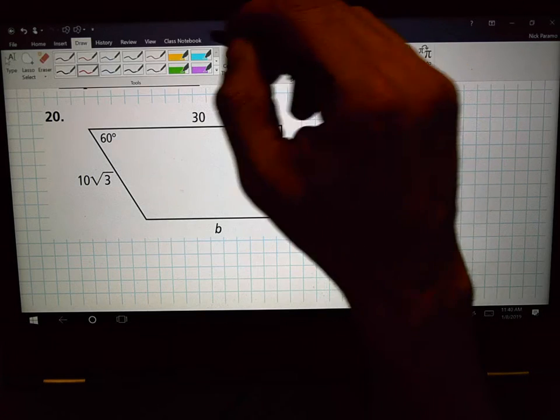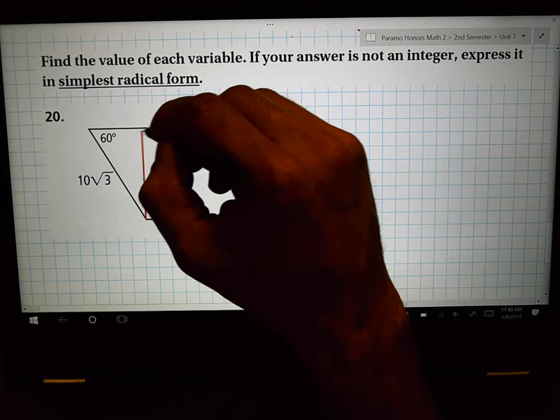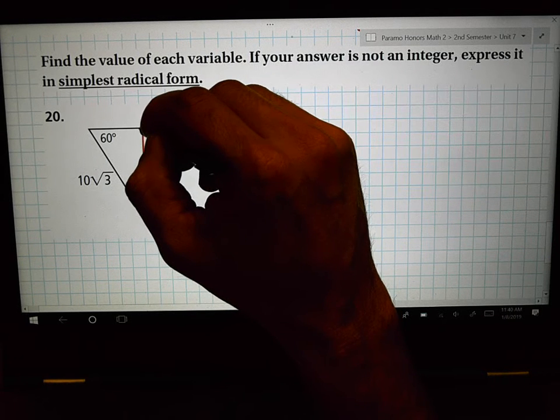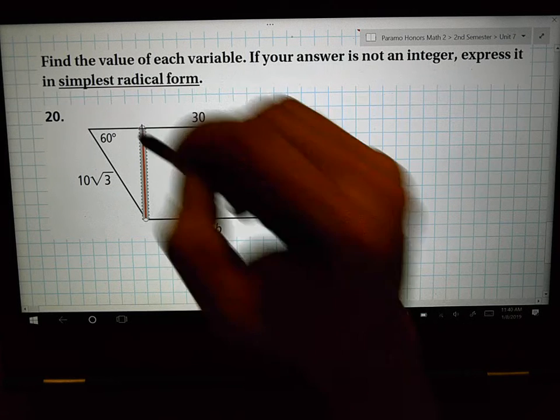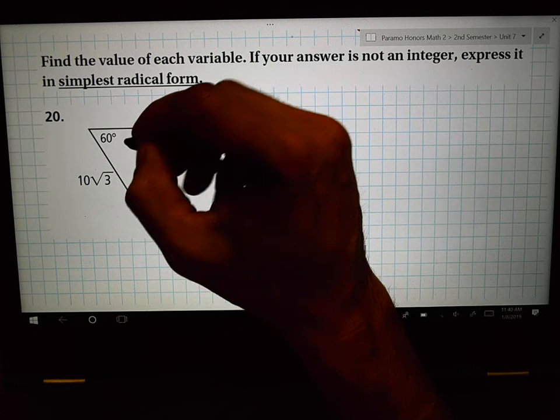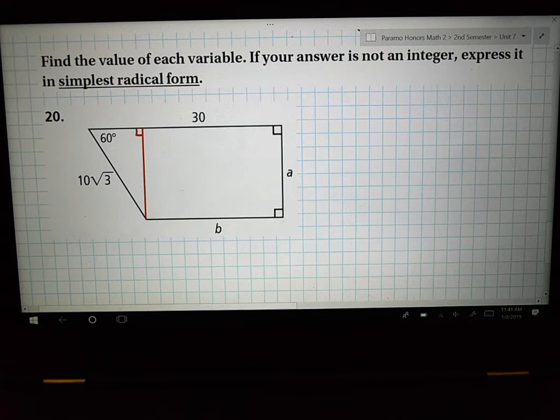What if we drew a perpendicular, something that was exactly at a right angle, right about, let's say, there? That might help us in a lot of ways. How could that help us if I constructed a perpendicular there?